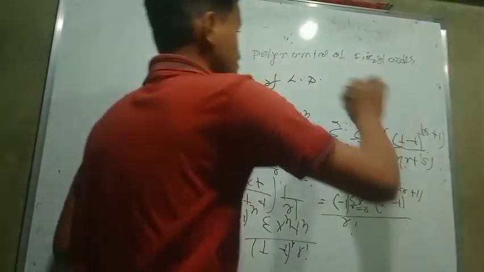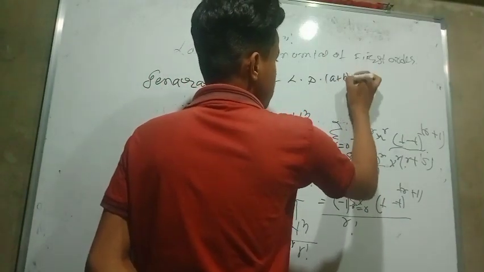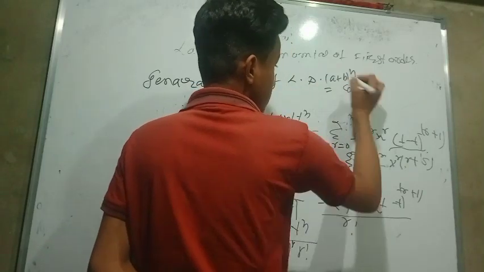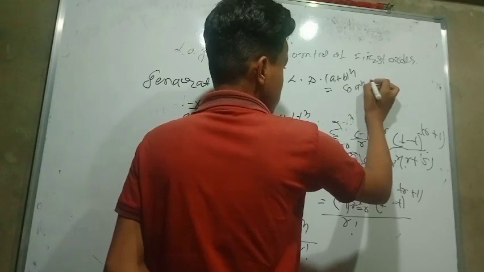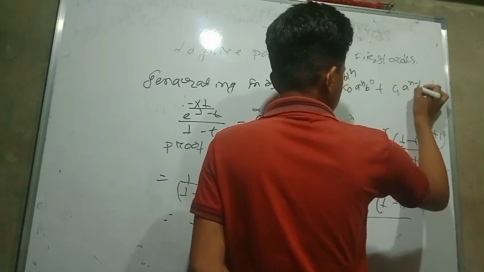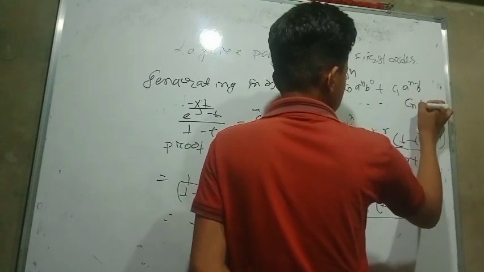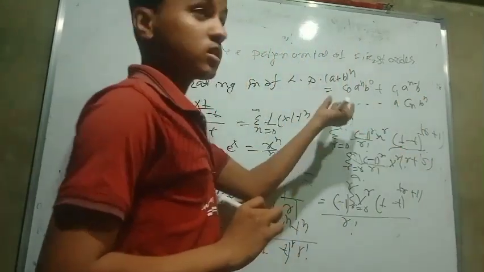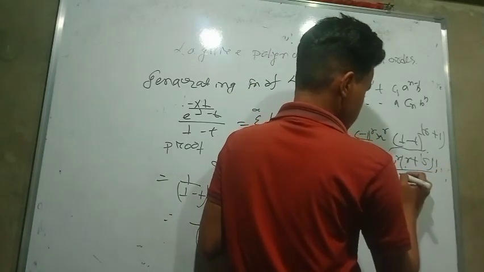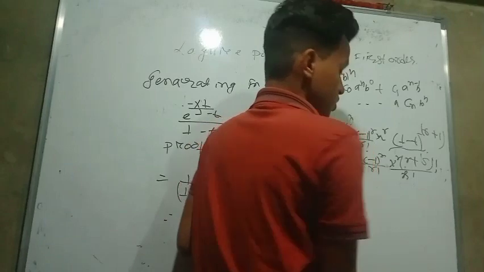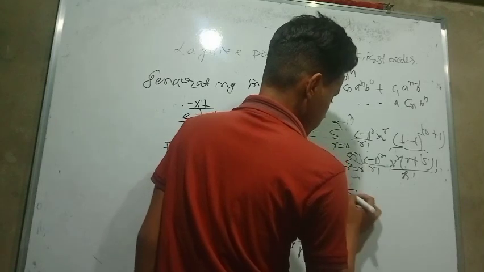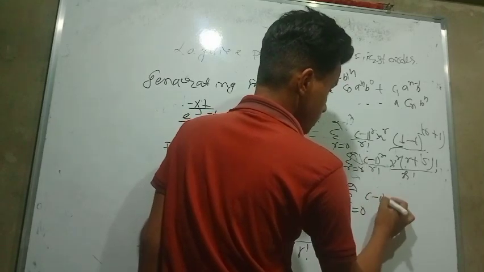We know that if a plus b equals n, then we can write it as C naught a^n b^0 plus C1 a^(n minus 1) b, and similarly the other terms. Similarly we get this, and when we expand this, we should reduce it to the term with r plus s factorial upon r factorial s factorial. So now it is the summation r tends to 0 to infinity of minus 1 to the power r upon r factorial.